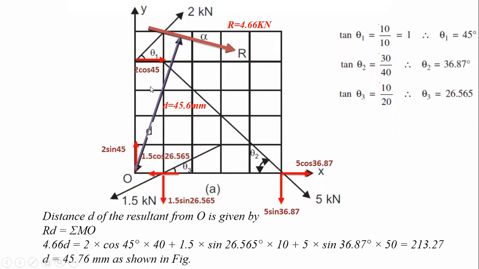It means that whatever effect is produced by these three forces, the same effect will be produced by this single resultant force R, which makes an angle theta, the 29 degrees we calculated previously, with the horizontal, having the magnitude of 4.66 kilonewton, and which is located at a perpendicular distance from point O of 45.6 millimeter.